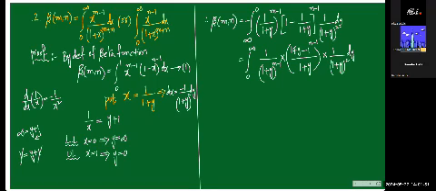Correct? Now look at this, plus 1 and minus 1 get cancelled. This is the integral 0 to infinity of 1 by 1 plus y whole to the power of m minus 1.